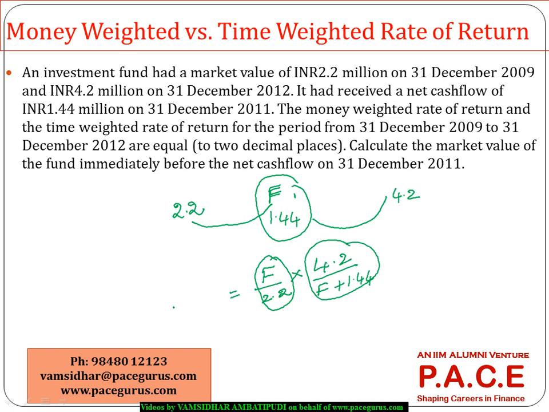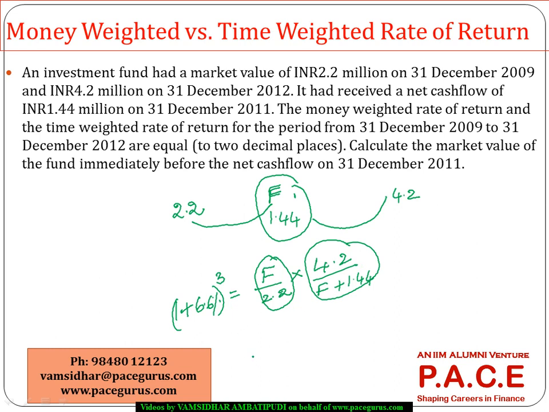This is over a 3-year period with a return of 6.6% per year, because we said the money weighted rate of return is equal to the time weighted rate of return here. So 1.066 whole cube is equal to this much, right?